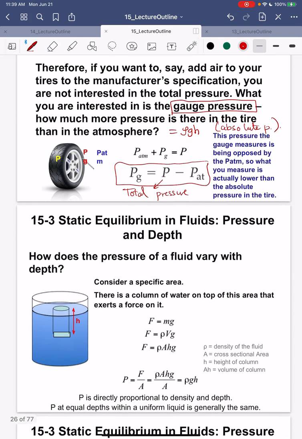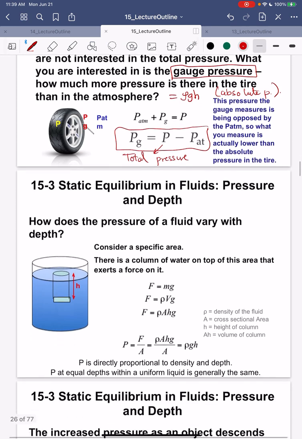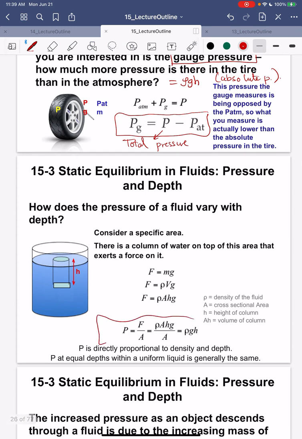Now, when we are talking about static equilibrium in fluids, we are talking about pressure and depth, okay? And we can say here that if we have a specific area, the force is going to be m times g. The mass is rho times the volume. And then the volume can be written as A times H. Then finally, I can find that the pressure is a function of H, which is the depth. Because rho in a certain fluid is constant and g is constant.